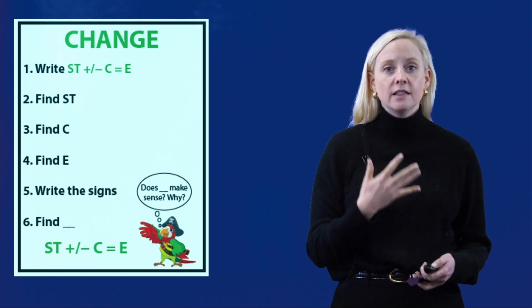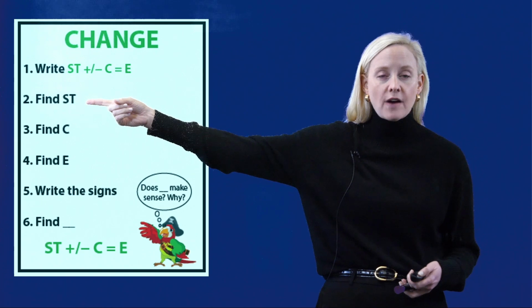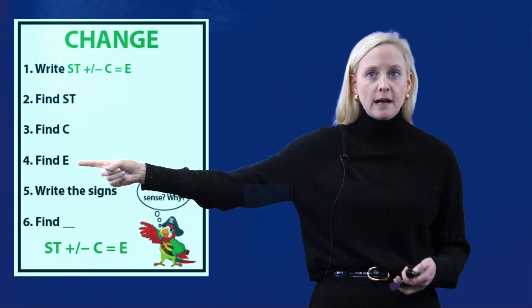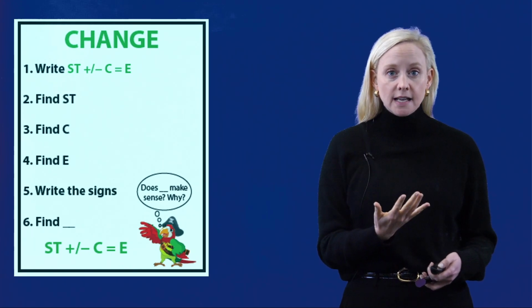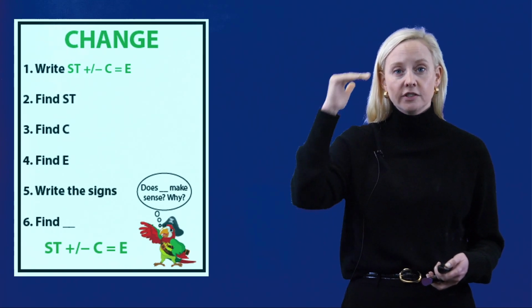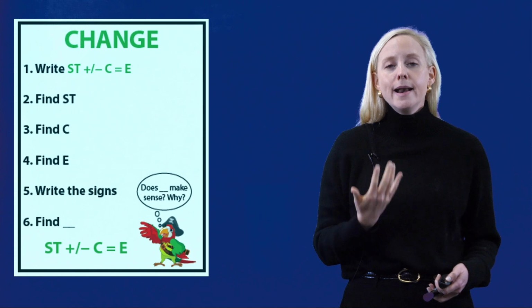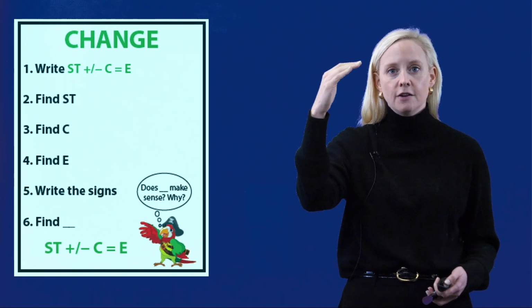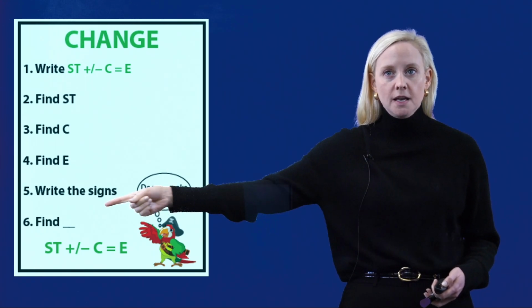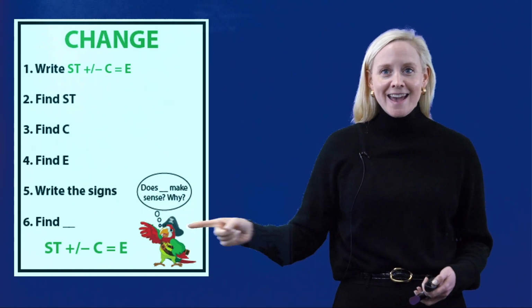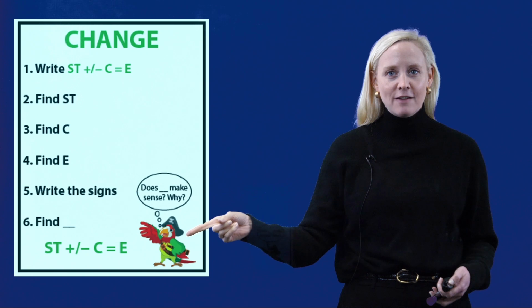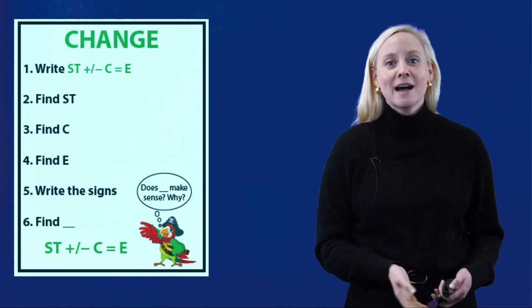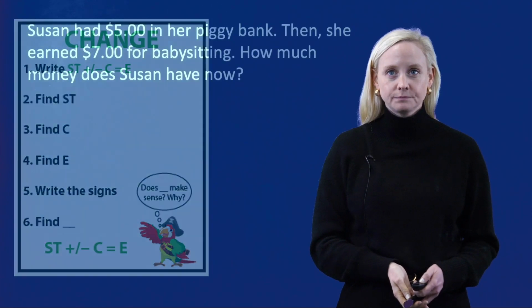After students write the change equation, they find the starting amount, the change amount, and the end amount. And then they write our signs, a plus and same as or equal sign if we have a change increase problem, and a minus and same as sign if we have a change decrease problem. Then we're going to solve for blank, and then we're going to make sure that our answer makes sense, and we have this little parrot here that's going to remind us to check for reasonableness.